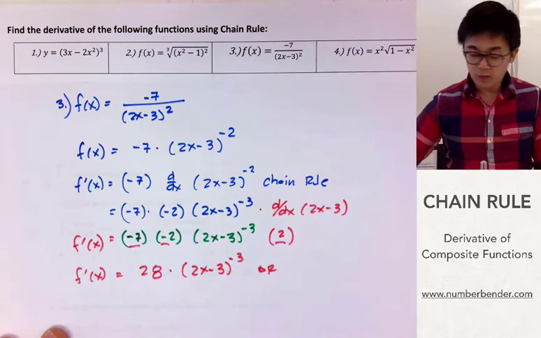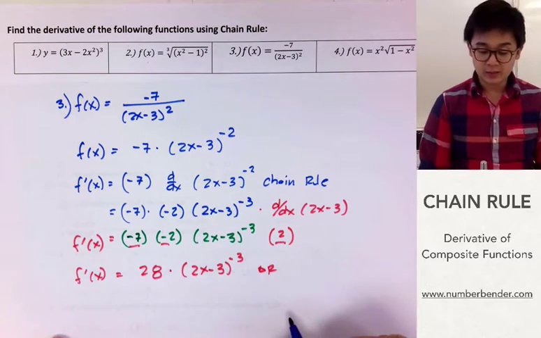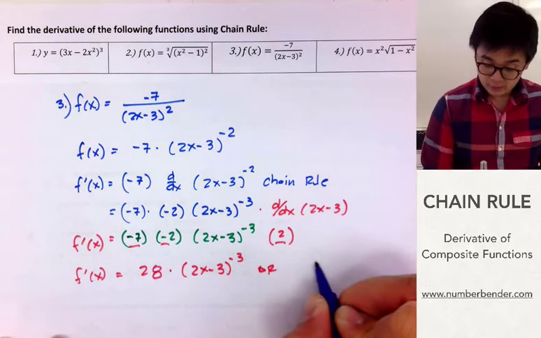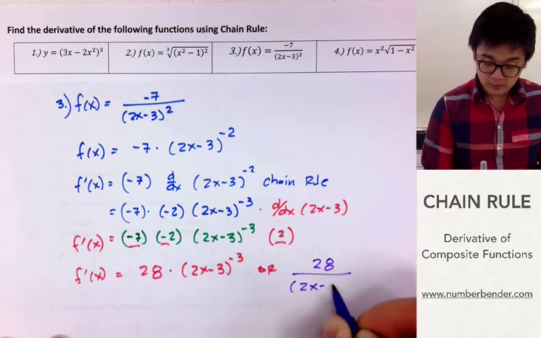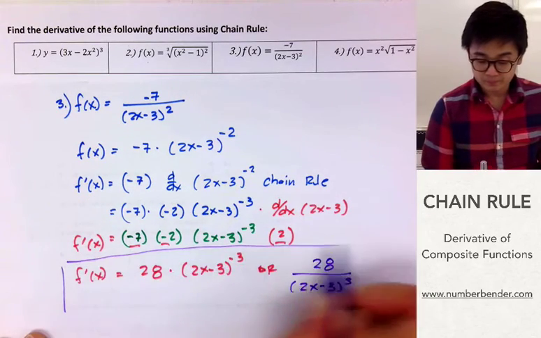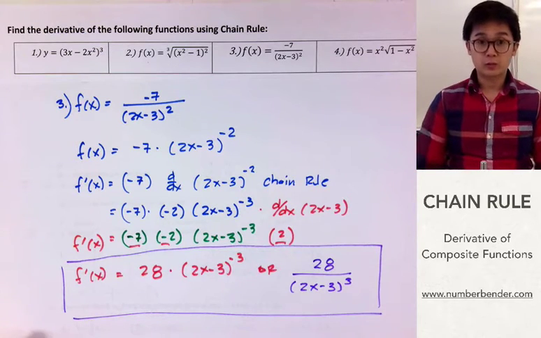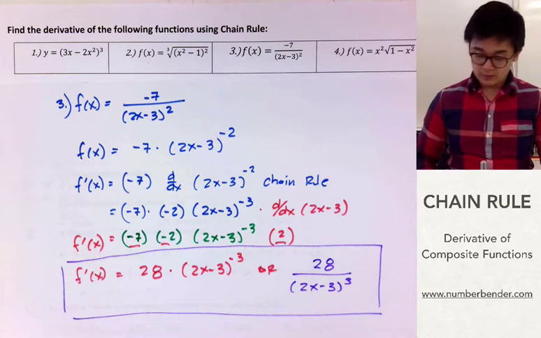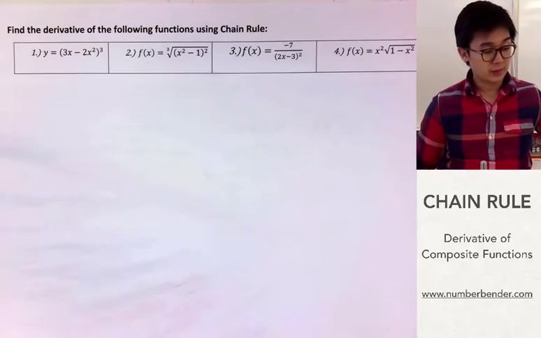Or we can modify this by changing the negative exponent into a fraction. So we'll have 28 all over (2x minus 3) raised to the 3rd power. So this is how we can use the chain rule in finding the derivative of this rational function over here.